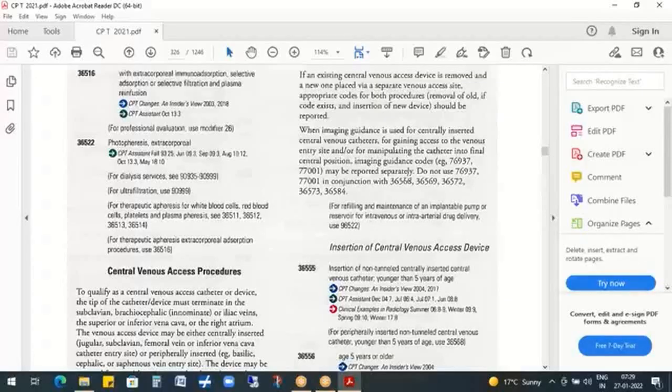Make it very, very important. There are 2 codes we can use for guidance. 76937, write down ultrasound there. 77001 is fluoroscopic.